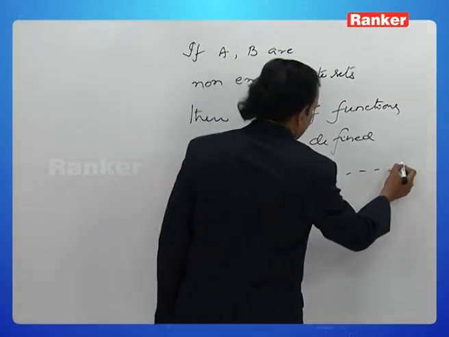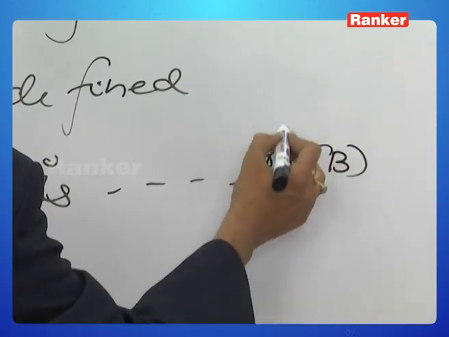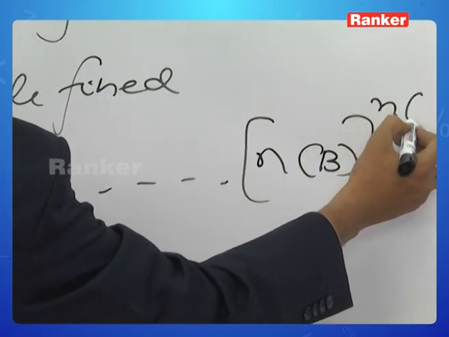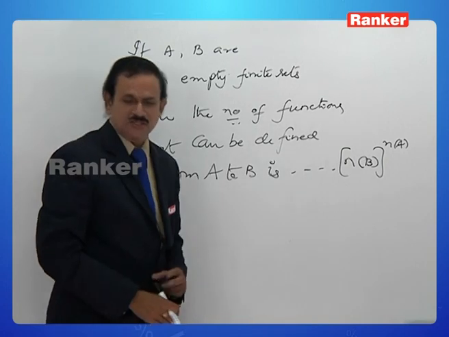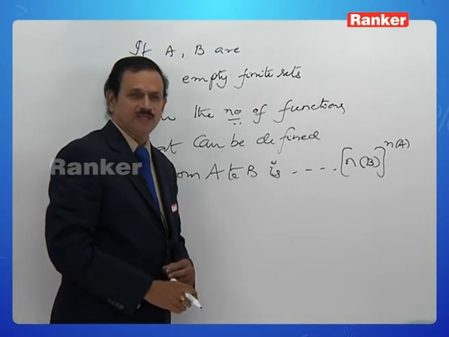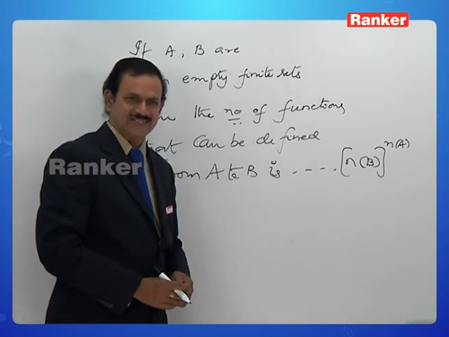It is of course n(B) to the power n(A). By n(B) we mean the number of elements in B, cardinality of B. Similarly, n(A) is also like that.